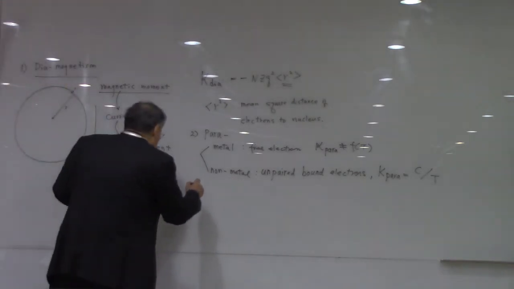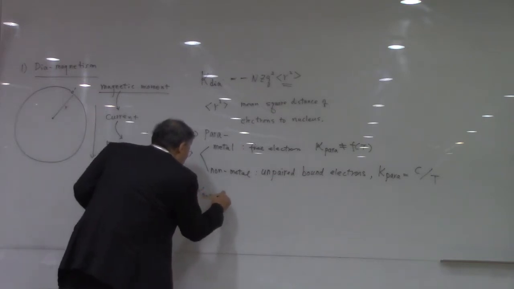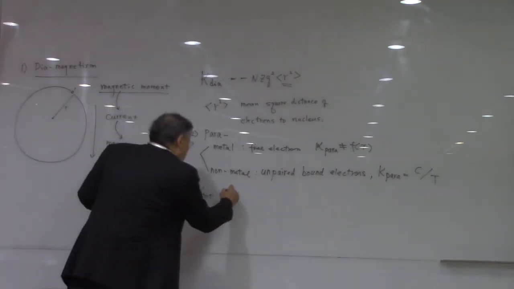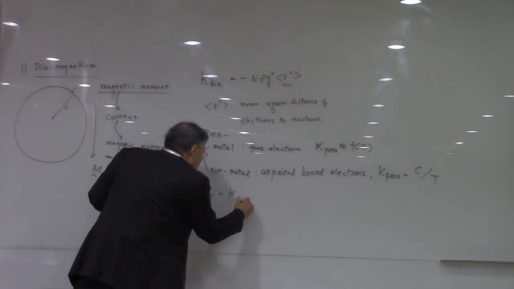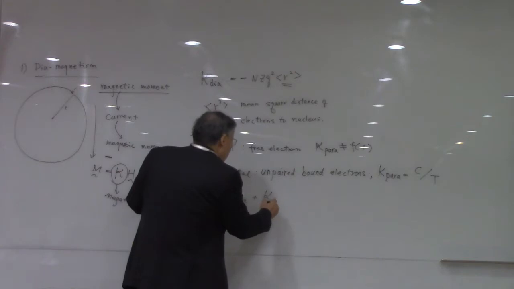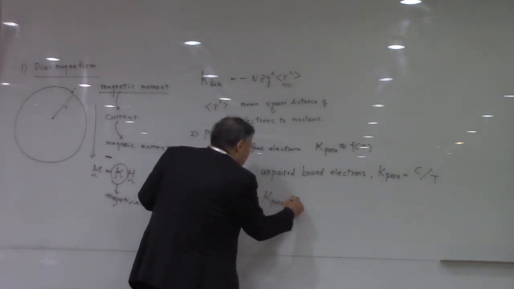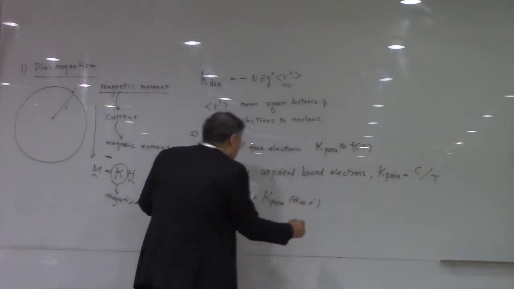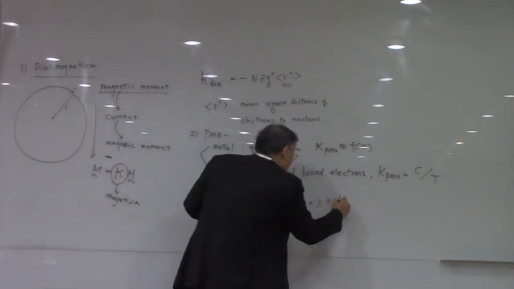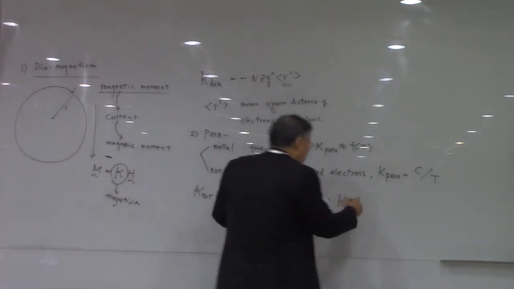So in total, the susceptibility chi is going to be chi dia, plus chi para by free electrons, plus chi para with the unpaired electrons.